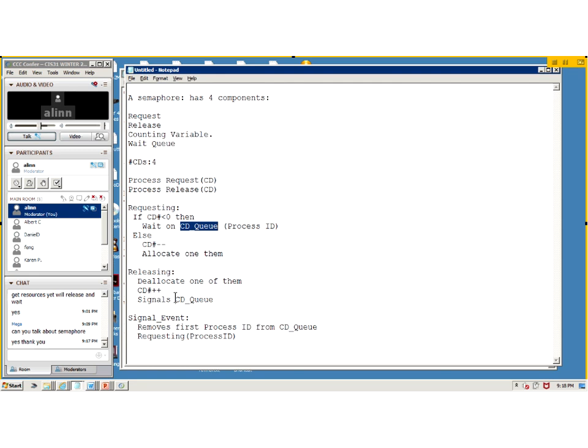Because this guy is using it, and this guy is using it. So this one's adding, this one's subtracting. It could be two different processes on semaphores. I hope that's clear, right?